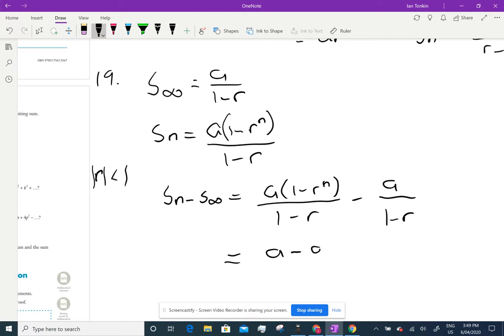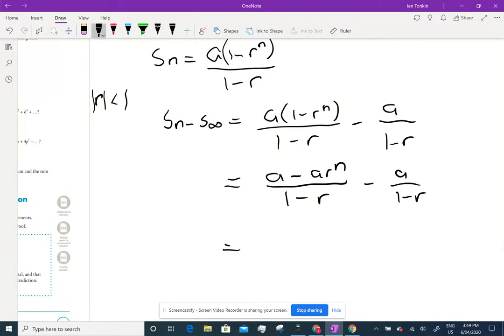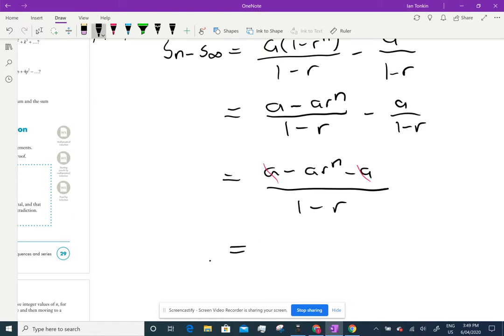A minus AR to the n on 1 minus R minus A on 1 minus R. Okay, so that's A minus AR to the n minus A over 1 minus R. Well, A minus A will go, leaving me with minus A R to the n over 1 minus R. What do we have to prove?